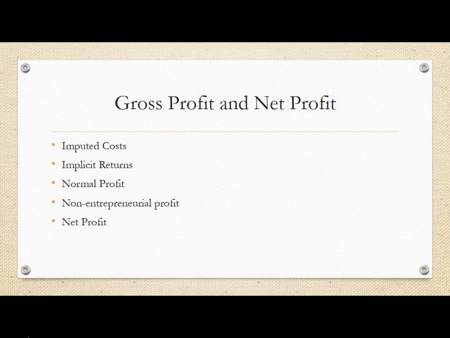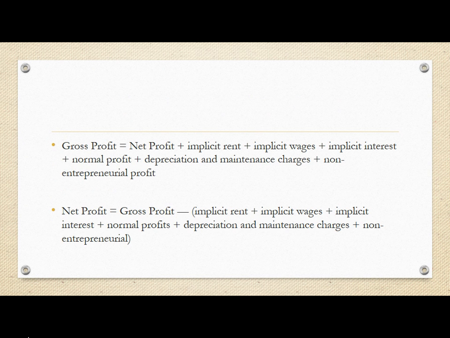The last point is net profit. It is the pure economic profit earned by the entrepreneur for his services and efficiency. Now we have a few formulas given on the screen.